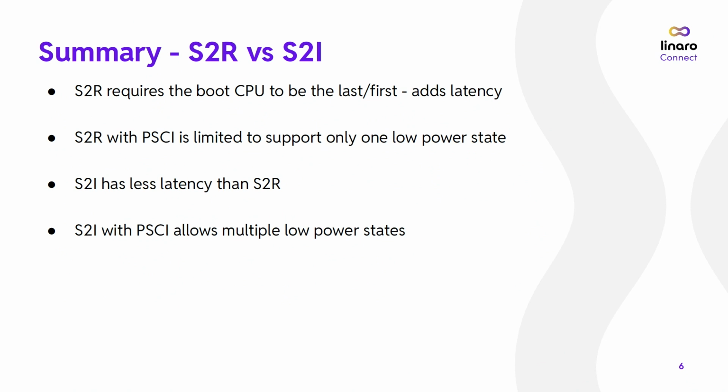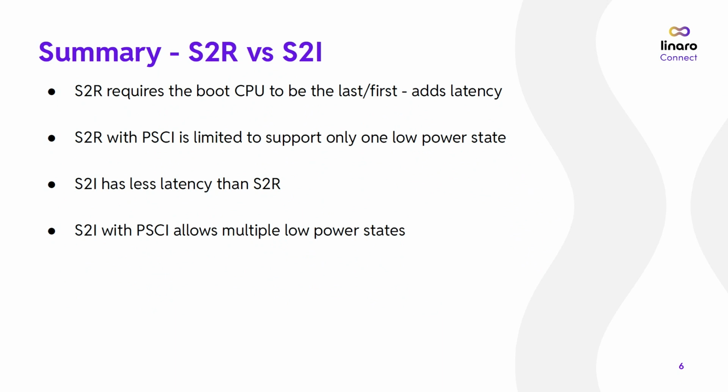So that's a contract between firmware and Linux of how this should work. And obviously, taking CPUs offline is not always that cheap. It takes some time to do that, and you need to online them when you resume the system. So there's some latency involved there.